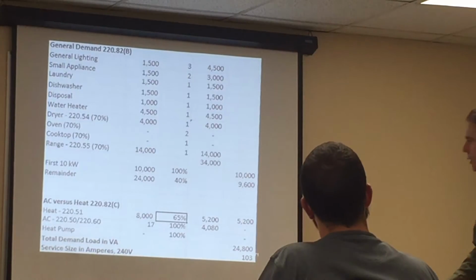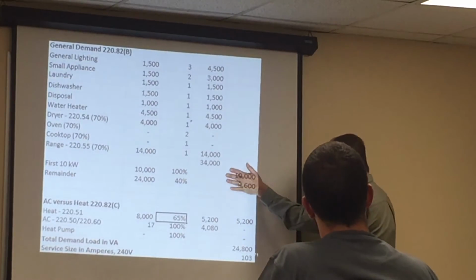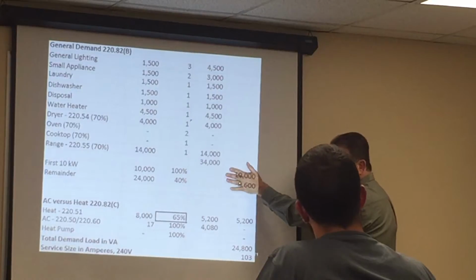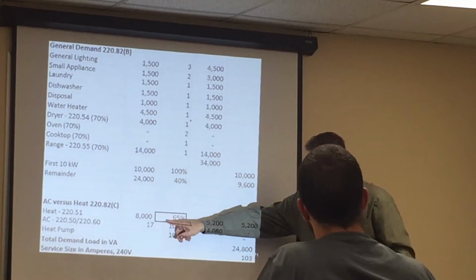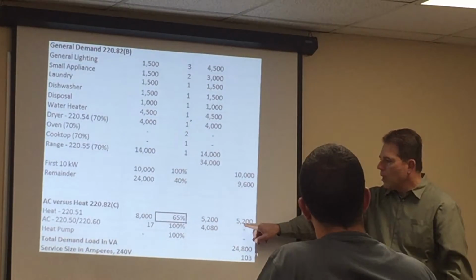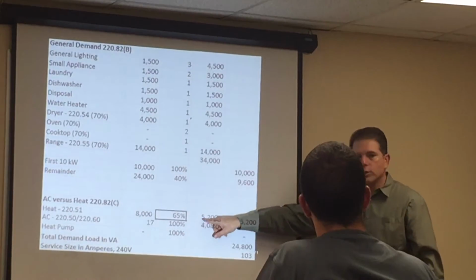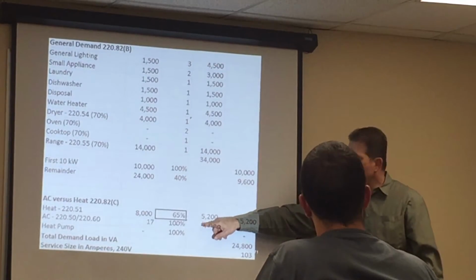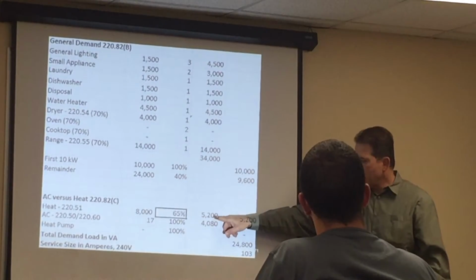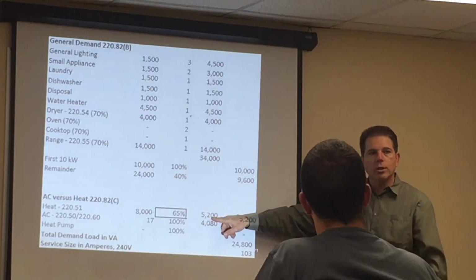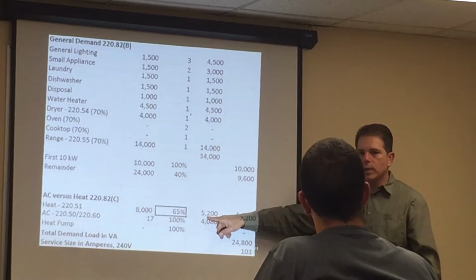That's our calculation, okay? So remember, we're holding this, we're not doing anything with it, all right? Now we're going to do our 65% of our heat. We have to choose the larger of the two, right? So when we do the 65% of the heat, we've got to make a choice here, which one's larger? Obviously, it's the heat.